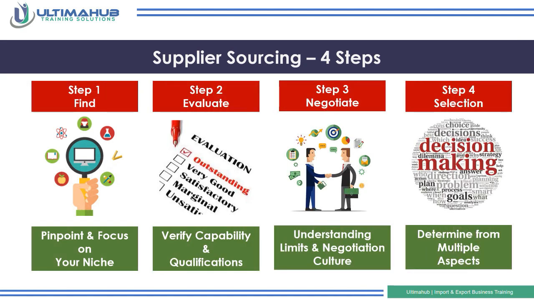So when it comes to actually sourcing your suppliers, there's 4 main steps. Now, our course goes into massive detail on what to look for and how to tell if your supplier is a good one, and we have a supplier checker tool too for you to use. So the main things that you really want to focus on is to make sure that the manufacturer specializes in your type of product.